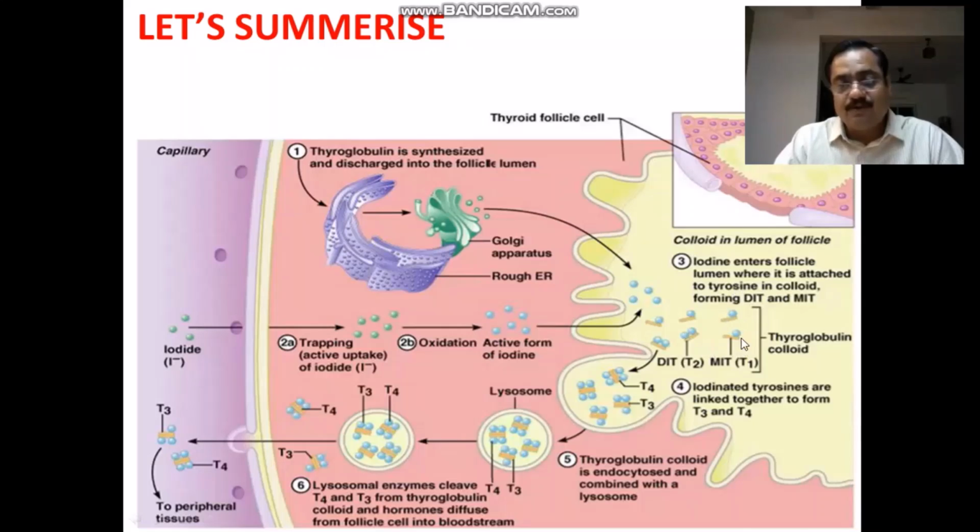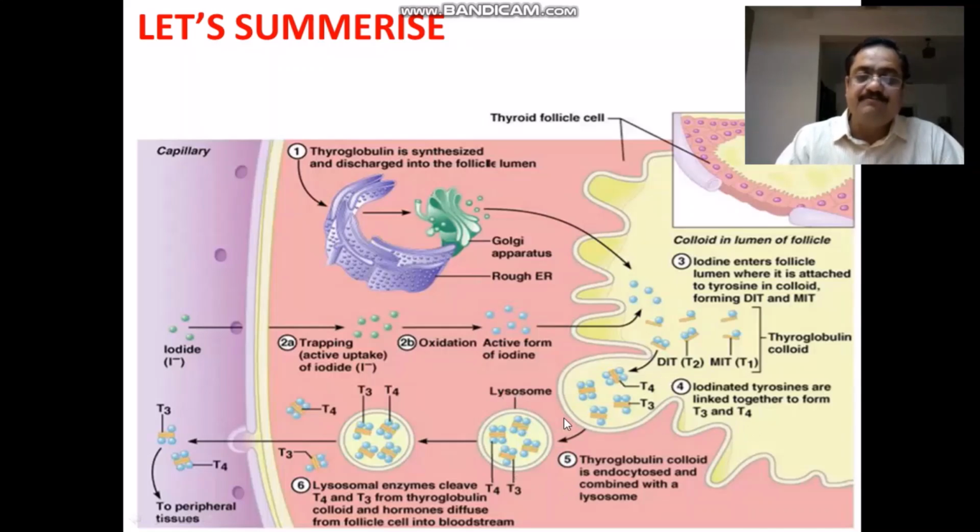In the thyroglobulin colloid, DIT comes together to form T4. MIT and DIT come together to form T3. This is iodinated tyrosines linking together to form T3 and T4. That is step 4.